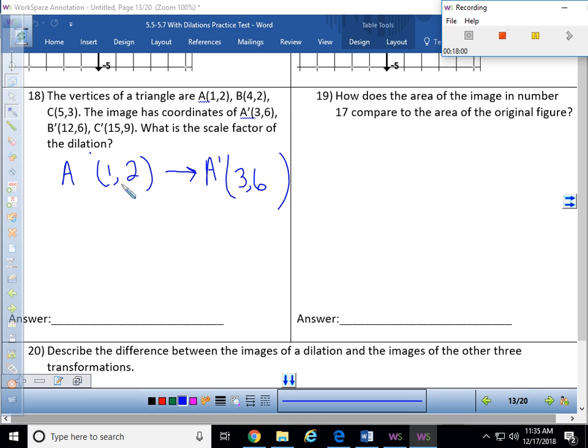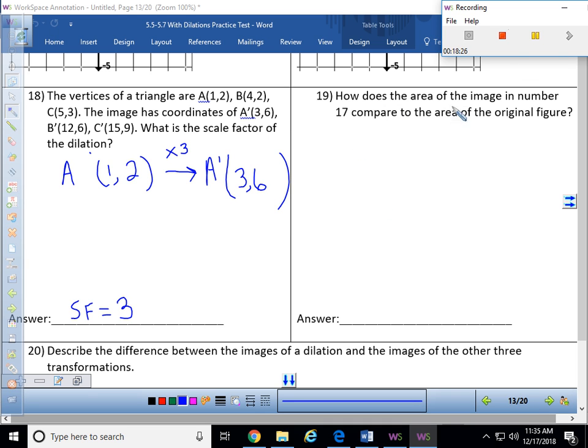Let's just look at A to A prime. So what's the multiplier that gets you from 1, 2 to 3, 6? What do we multiply these numbers by to get these numbers? And we multiply times 3. So the scale factor would equal 3. And that's all you have to do. That's easy.